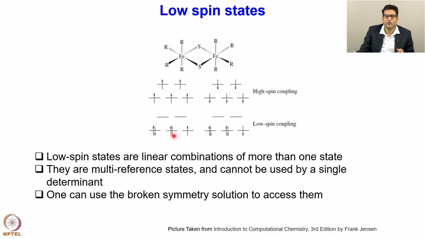So, this is not a general approach, but you can actually access a few of the low spin states by using the broken symmetry solution, and we will see an example where we will do the broken symmetry solution to go to a low spin singlet state. Now, remember this broken symmetry solution can only be used with the unrestricted picture. Using the restricted open shell picture, you cannot get a broken symmetry solution. So, with this knowledge, we will now go to some practical examples and we will try to run calculations and see how the results look.